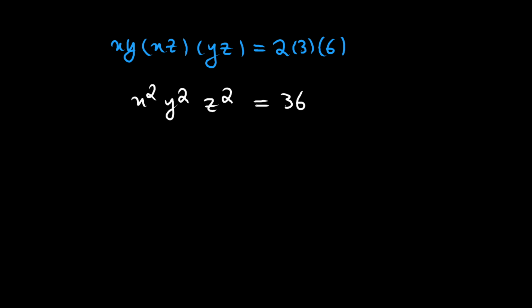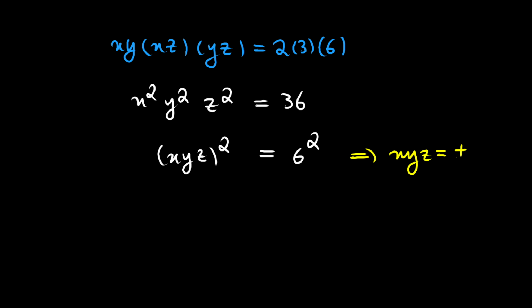Notice that the left-hand side can be written as x times y times z all squared, and the right-hand side is 6 squared. So I can take the square root of both sides to solve for x times y times z. So xyz equals positive or negative 6.